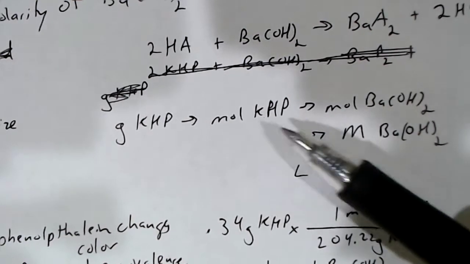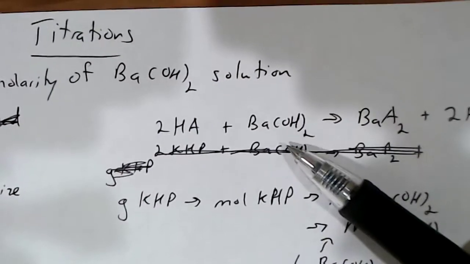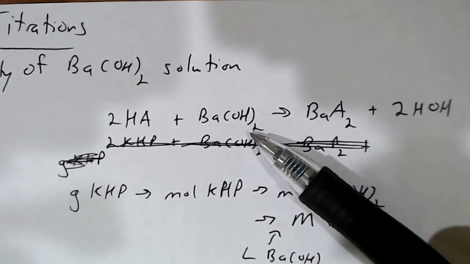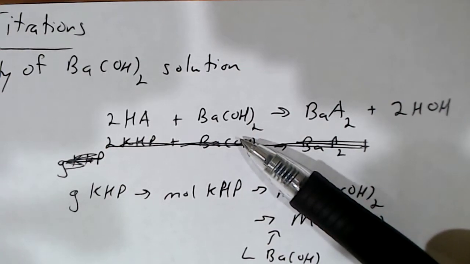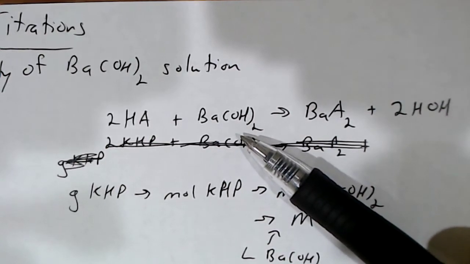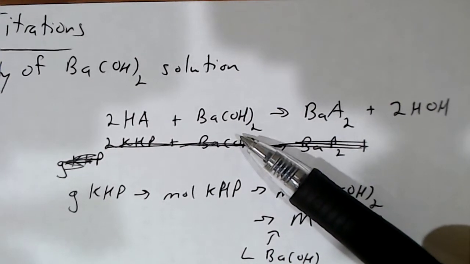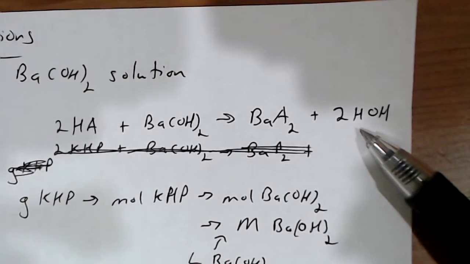So why do we have a 1 to 2 or 2 to 1 ratio here? It's because we are dealing with barium hydroxide, which has 2 hydroxides on it. If you want to have a complete neutralization of this compound, you need to react both of those hydroxides. Every OH minus needs to combine with 1 H plus to form water.